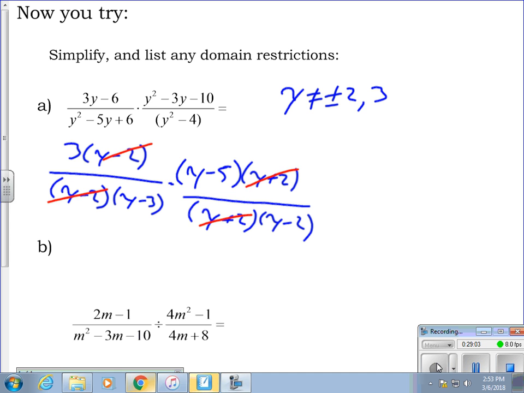Plus 2, plus 2. I don't see anything else. Do you see anything else? Okay. So I have 2 times y minus 5 over y minus 3, y minus 2. Not too bad. Questions?